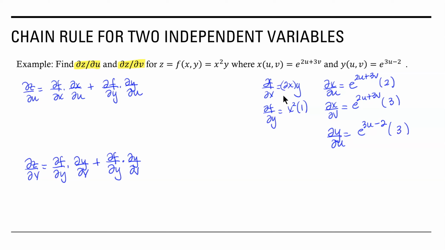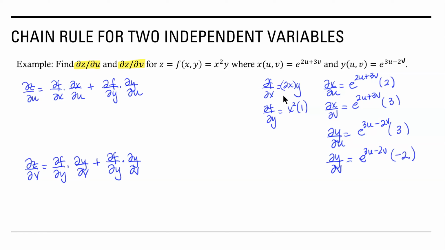That's going to be 3. And I just noticed there's a little typo here. There should be a v there. Partial of y with respect to v should be e to the 3u minus 2v. And then the partial derivative in my exponent, with respect to v, is negative 2.